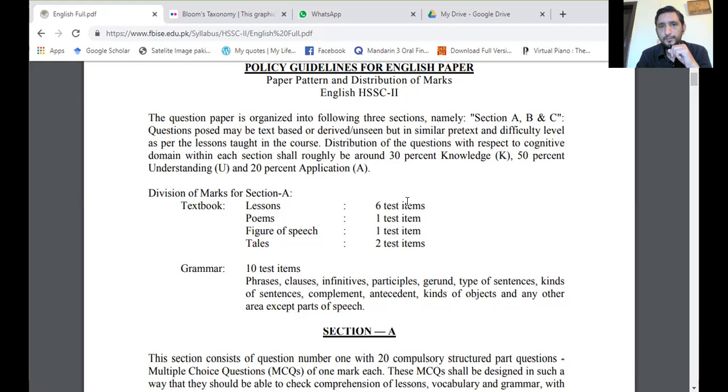Your question paper is organized into three sections, A, B, C, as it has been previously. The questions may be text-based or derived from unseen material, but of similar pretext and difficulty level as per the lessons taught in the course. First of all, you will be coping with the unknown, things which you haven't practiced.